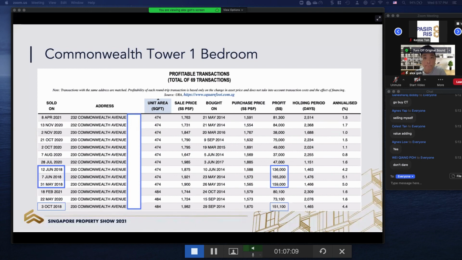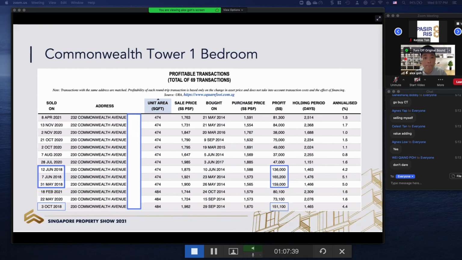In 2018, you can see the one bedder earned a profit of 100 plus K, from 136K up to 159K. But over time, in 2021, the prices dropped from 1,875 PSF to 1,700 PSF.